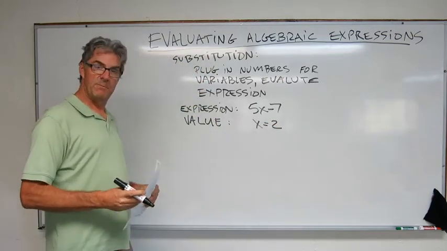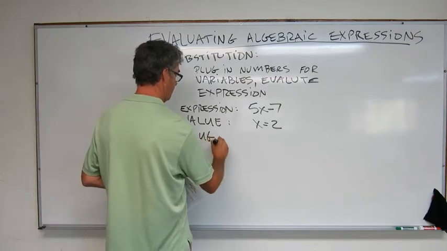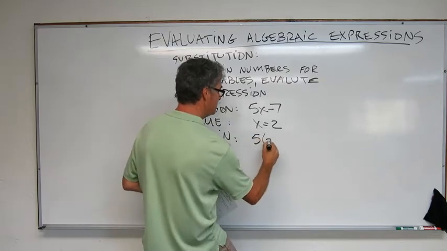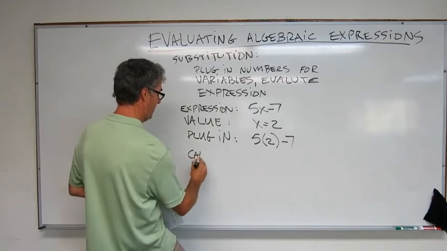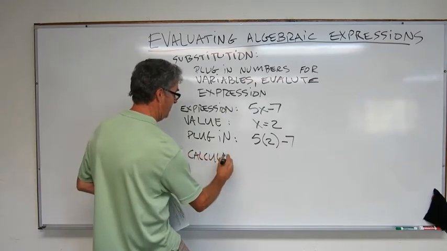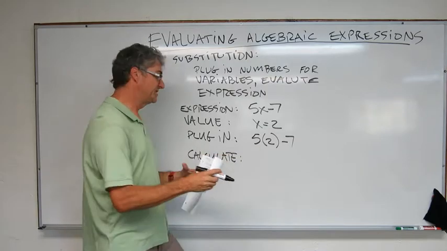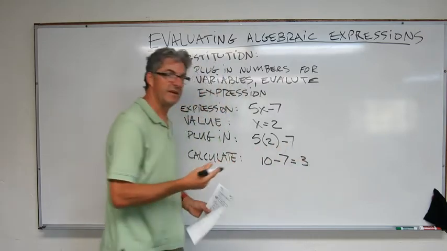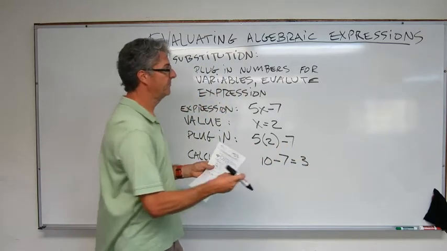So now we do a plug-in and a calculation. So plug in 5 times 2 minus 7, and then we calculate. So 5 times 2 is 10, minus 7 is 3. And there we are.